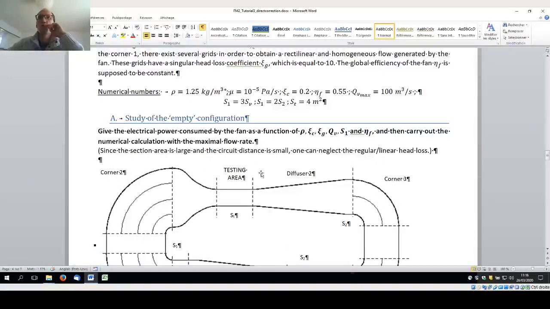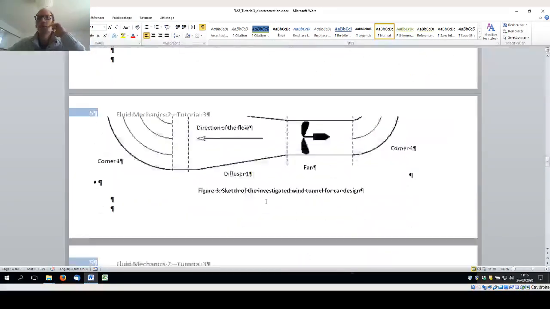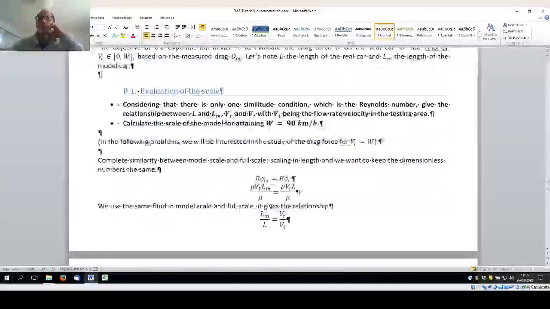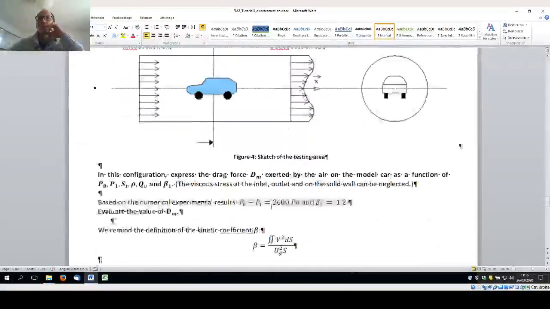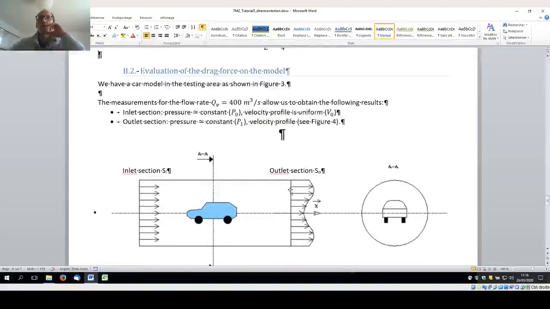We want to have a look at what's happening when we put our car inside. We have a car in the middle. Here we have the inlet section and outlet section, and we are able to do measurements of the flow profile in the inlet and outlet section.